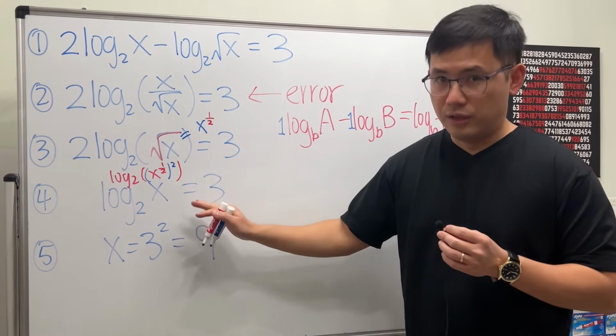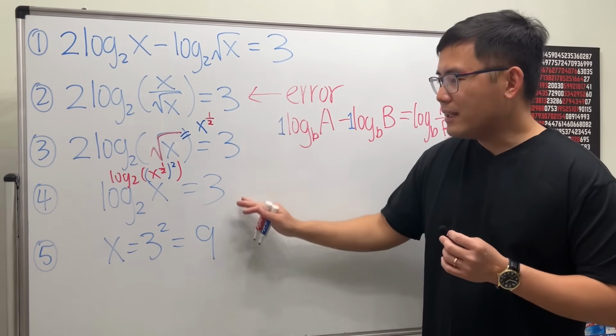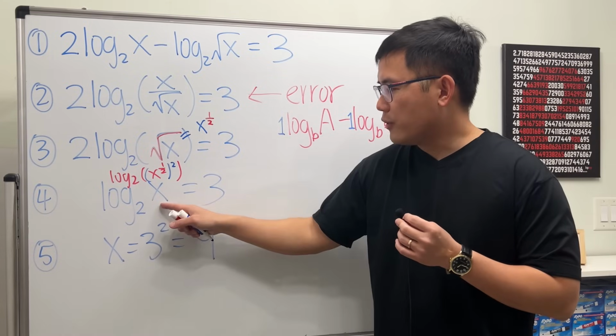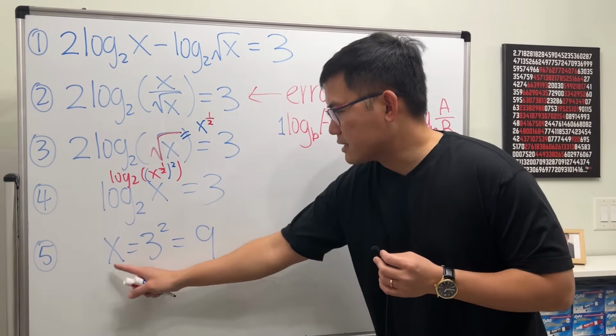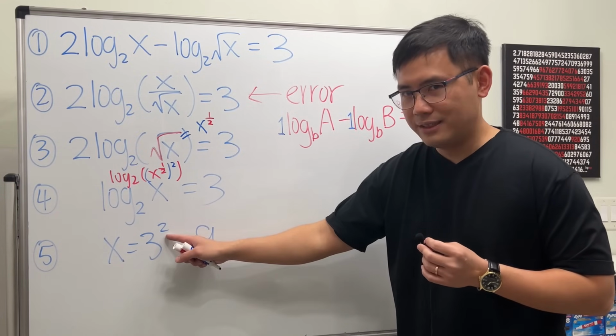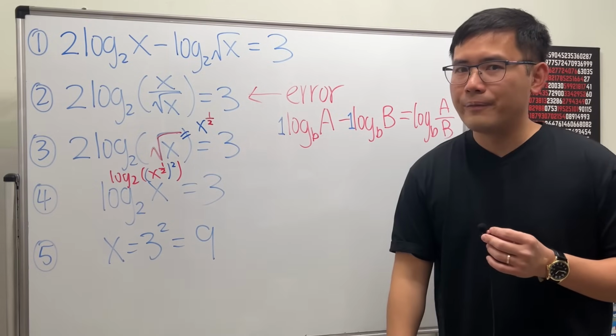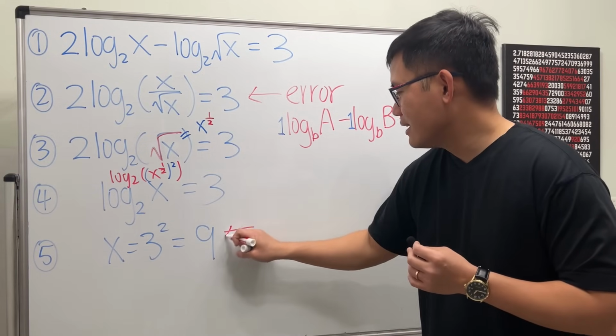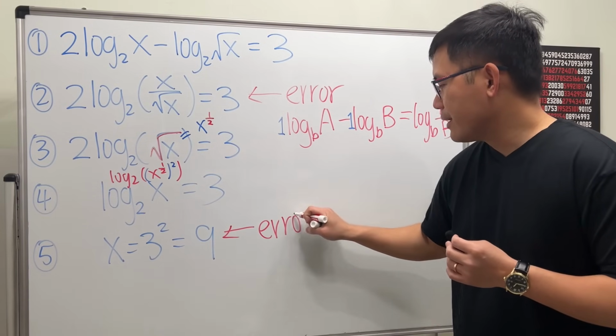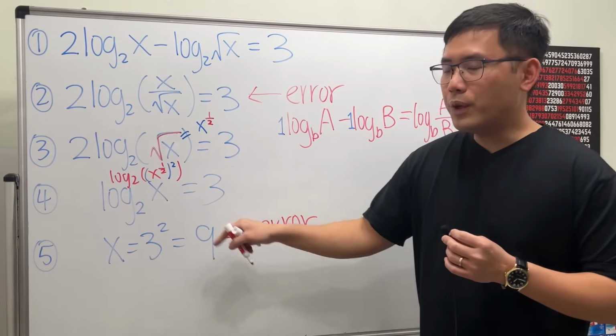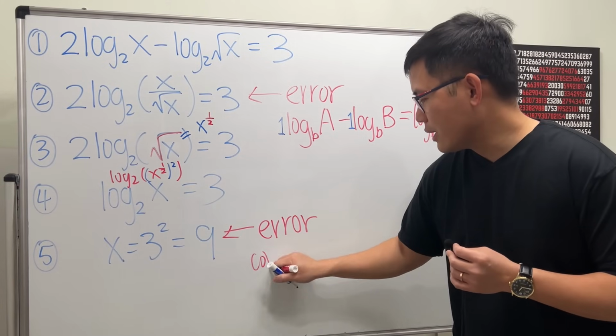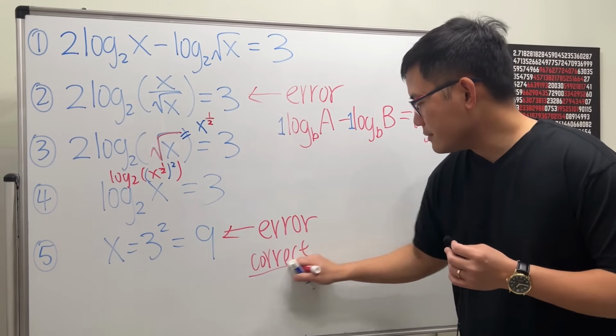So this is okay. Finally though, we go from log base 2 of x is equal to 3 to x equals 3 to the second power, and then work that out, we get 9. Well, this right here is another error actually, because the correct way to solve this is, I'll just correct it right here for you guys.